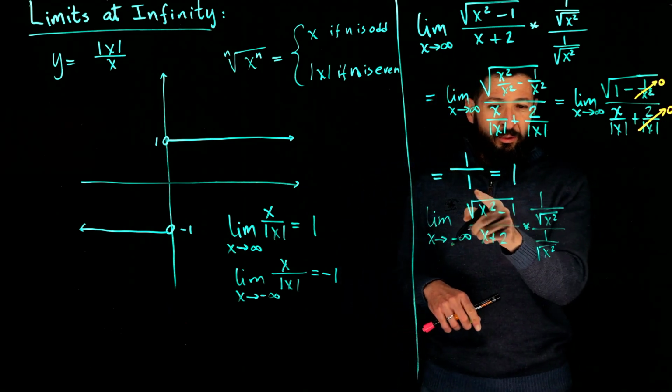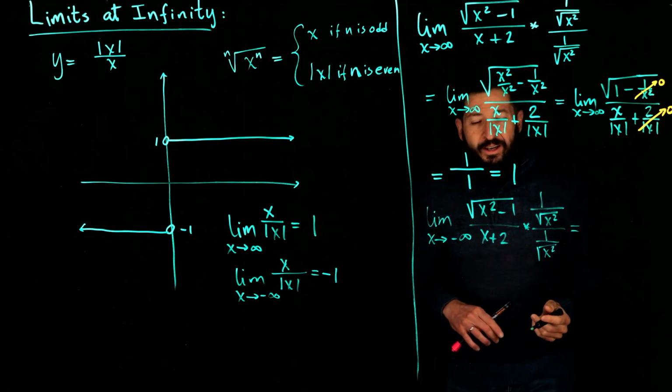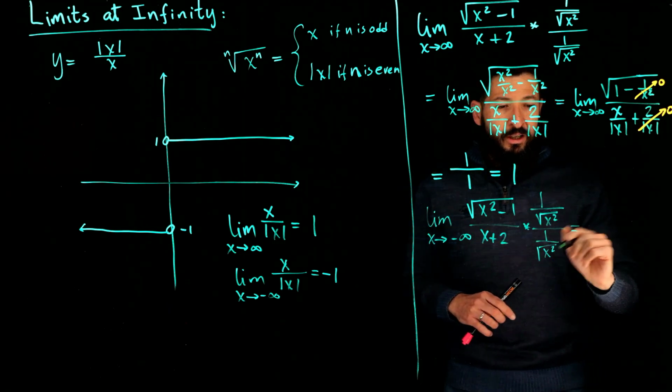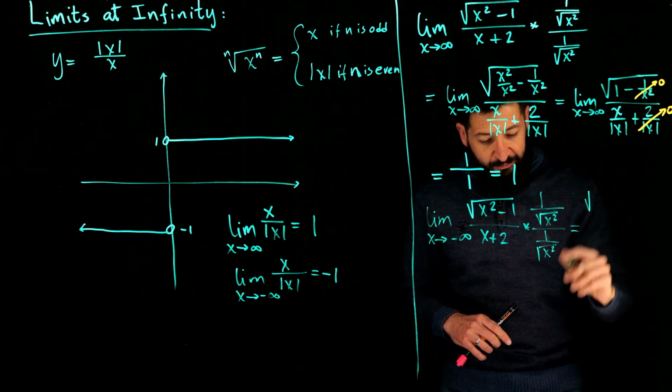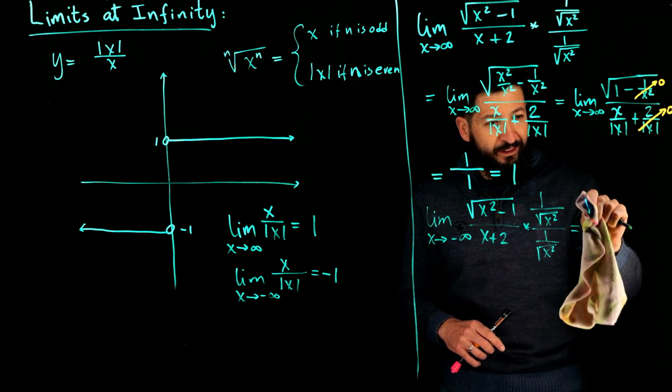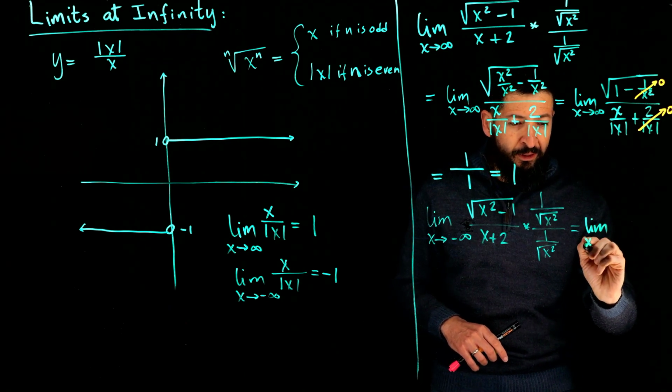And I'm going to do the detail I skipped here just because I felt like I didn't do enough detail for it. But what happens is you can write this as the square root of, and I forgot to write my limit, one second. That's very common, by the way, forgetting to write your limit. Don't forget to write your limit.